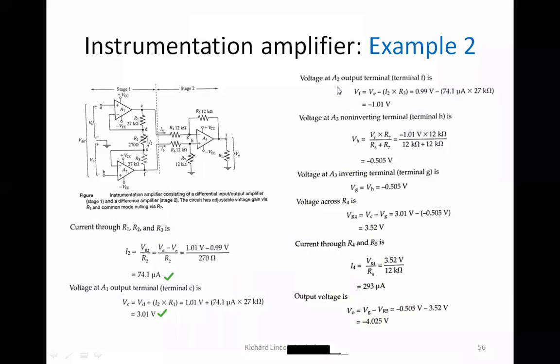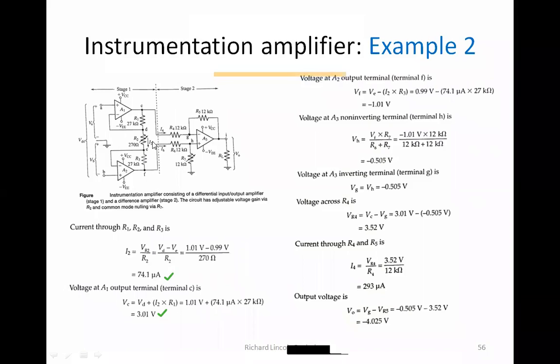So next, now we will see the voltage at A2. This op-amp here, the voltage at the A2 output terminal, which is terminal F. So VF is equal to VE, the same concept as we have here, VE minus I2 into R3.